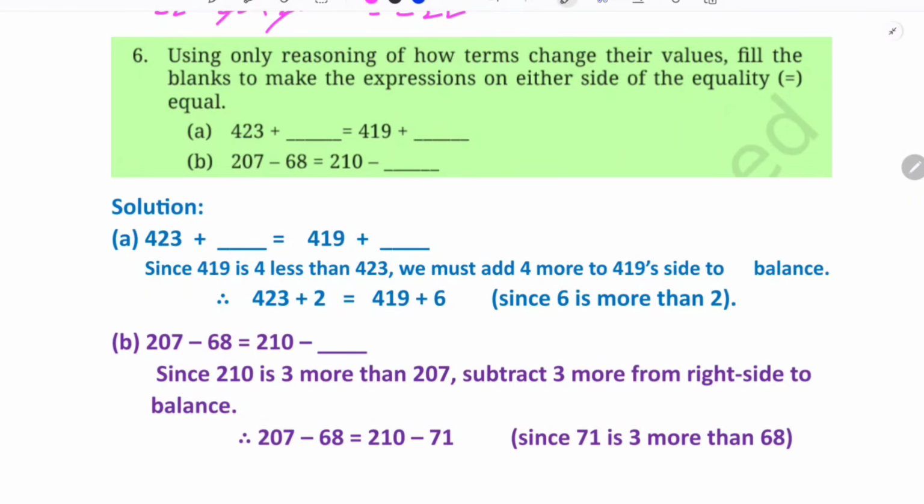So what we can do here: 419, how much less is it than 423? 4, right? So 419 is 4 less than 423. One way to make it equal is 423 plus 2, 425, and 419 plus 6, 425.